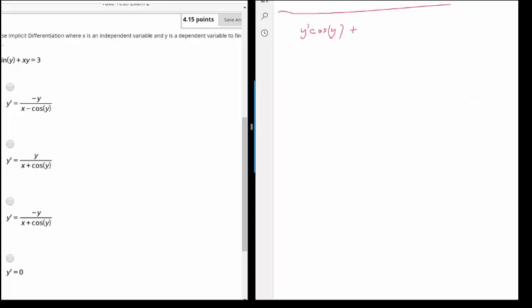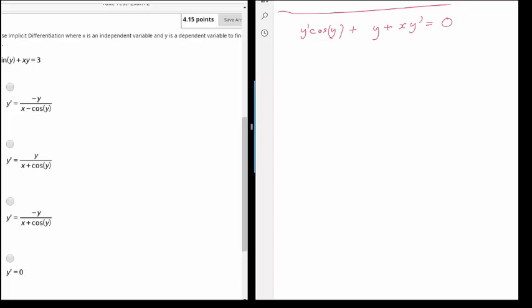And then we've got a little product rule going on, that x times y. So derivative of x is 1, so we have 1 times y plus x times y prime. And of course the derivative of 3 is a big fat 0.